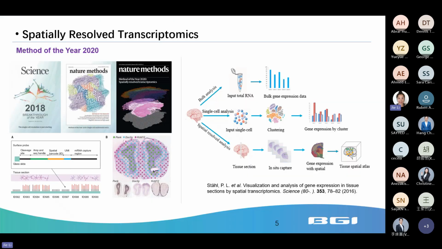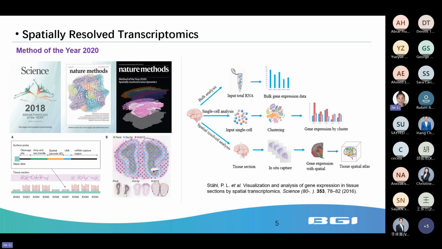So first, in general, spatial omics has reshaped the landscape of the field of life science. It's changing our understanding of the complexity of life. Unlike traditional omics research, spatial omics not only focuses on the molecular composition within an organism, but more importantly, it reveals the spatial distribution and dynamic change of these molecules at the cellular and tissue levels.